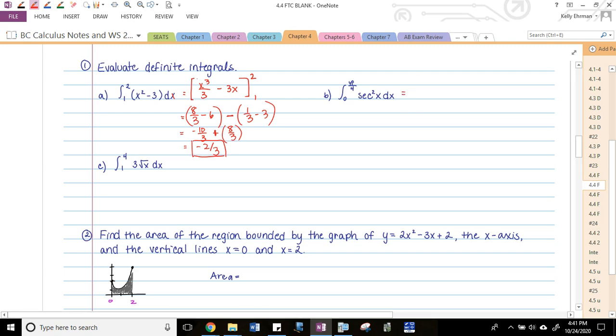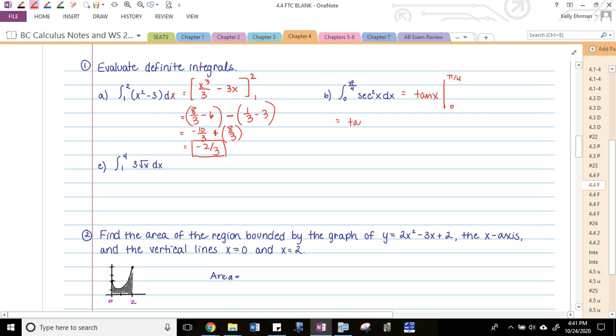Now I'm going to use not the square brackets, but that vertical line so you can see the difference in notation. What's the antiderivative of secant squared? So that should be tangent x, right? Because the derivative of tangent is secant squared. And then we're evaluating that from pi over 4 to 0. Or I always say that backwards. It's from 0 to pi over 4. But in my head, that's what I'm thinking.